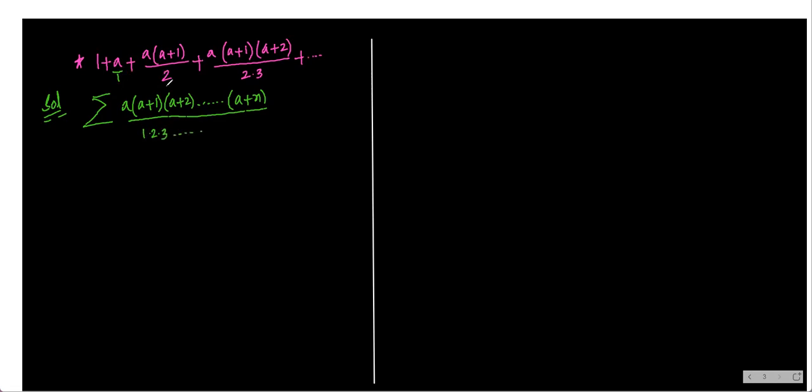Here the 1 into 2 format is there, here the 2 into 3 format is there, and the next term will probably be 3 into 4. So the nth term should also be in this format, n into n plus 1.